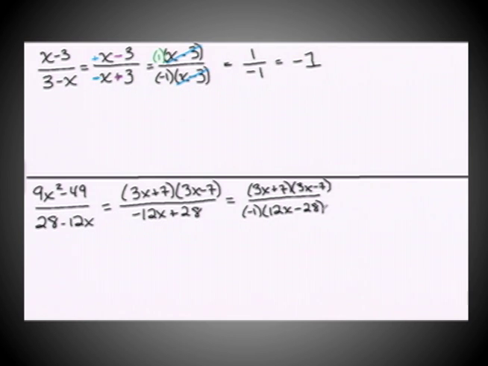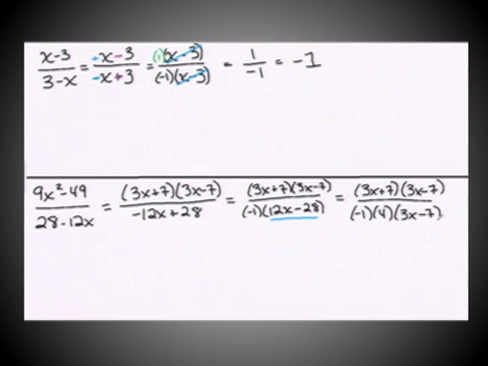Whenever you factor any polynomial, you always want to check and make sure that it cannot be factored further, and in this case, I can factor 12x minus 28 further. There is a GCF of 4 sitting in there. So I still have 3x plus 7 times 3x minus 7 in the numerator. And now I have negative 1 times 4 times 3x minus 7 in the denominator.